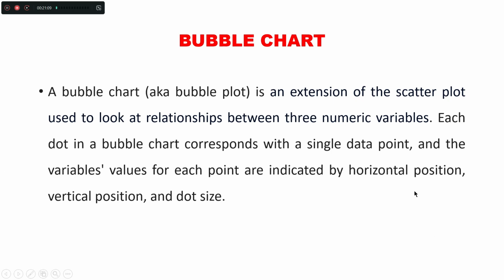So each data are presented in these three particular aspects: the horizontal position between different time periods, vertical position based on the highest and lowest, and the dot size indicates the strength of that particular variable.